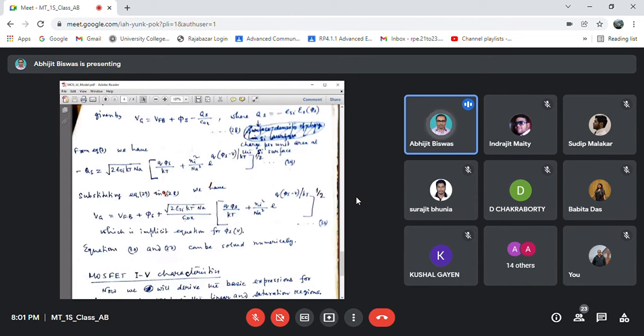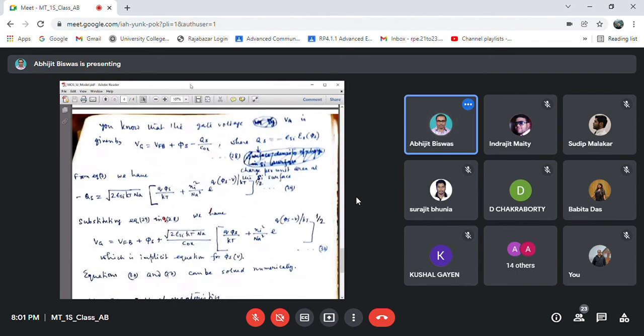Now I come to the expression for the gate voltage. Gate voltage is flat band voltage plus surface potential minus Qs by COX.